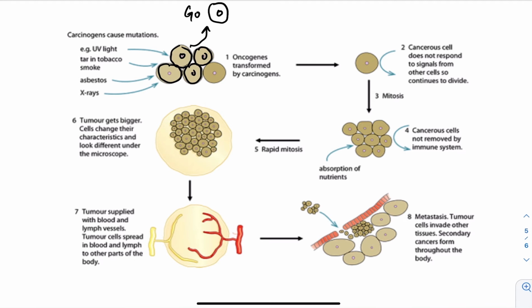However, if a mutation in a cell takes place in the proto-oncogenes, which are transformed into oncogenes, or in the tumor suppressor genes, the cell fails to stop dividing and continues division.